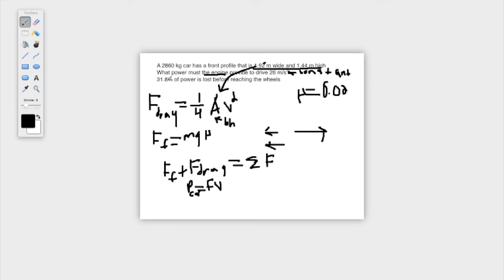So 31.8% of the power is lost before reaching the wheels. That means that the power of the car is 31.8% less than the power of the engine. So that'd be 0.682 times P engine.